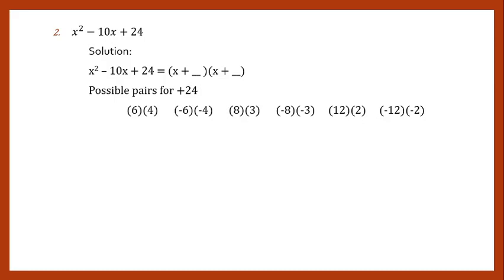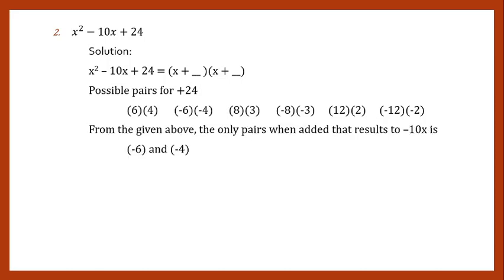Multiply it by 1. Pero siguro sobra ng dami. Baka malayo-layo naman. Titingnan nyo naman pag masyado nang malayo from middle term. So, yan yung possible. 6, 4, negative 6. So, gamitin nyo pa rin yun o yung negative 6 multiplied by negative 4 kasi positive 24 pa rin yung outcome.